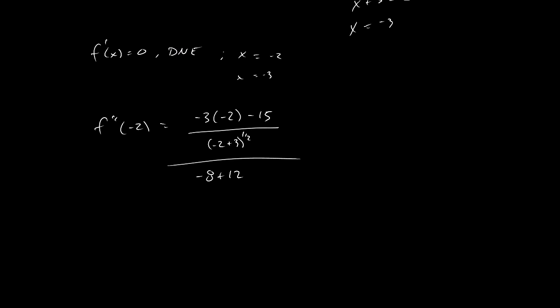If we look at this, the numerator is going to be 6 minus 15, which is negative 21, all over the square root of 1, which is just 1, and this is all over 4. So we have a negative divided by a positive. This is going to be negative.